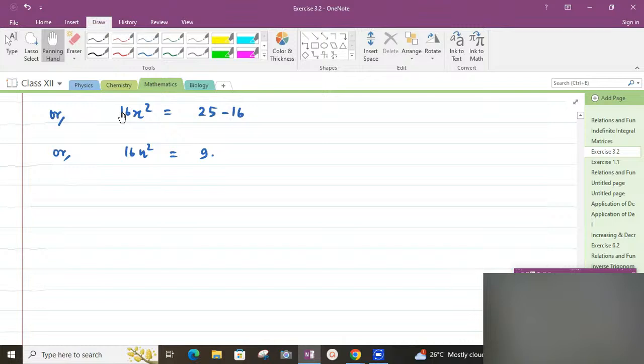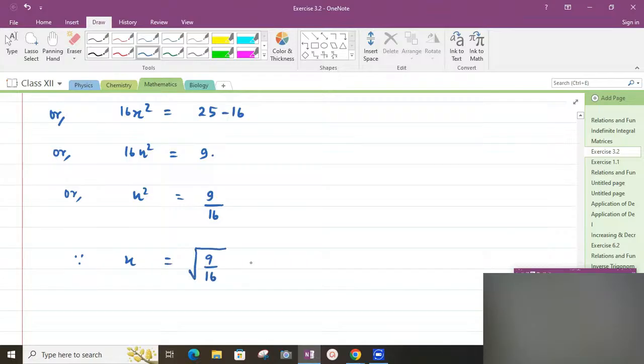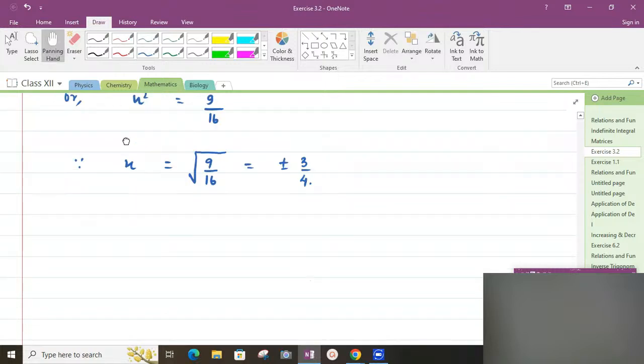So let's see the next step will be x square equal to 9 by 16. Therefore x equal to root of 9 by 16 equal to plus minus 3 by 4.